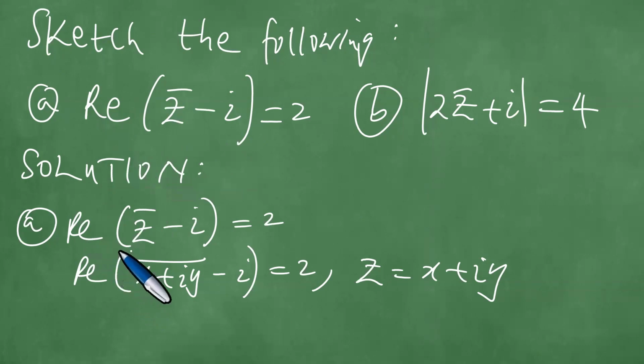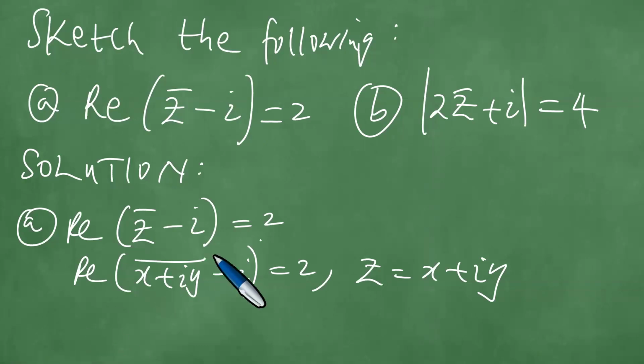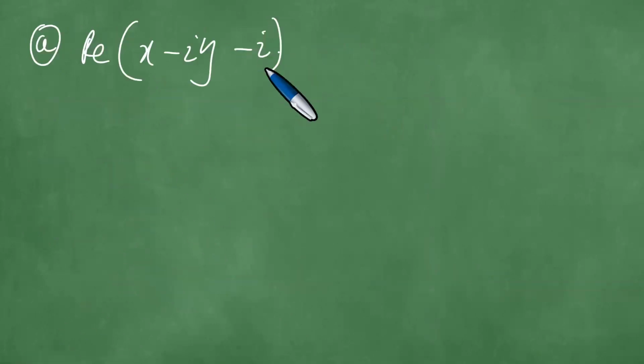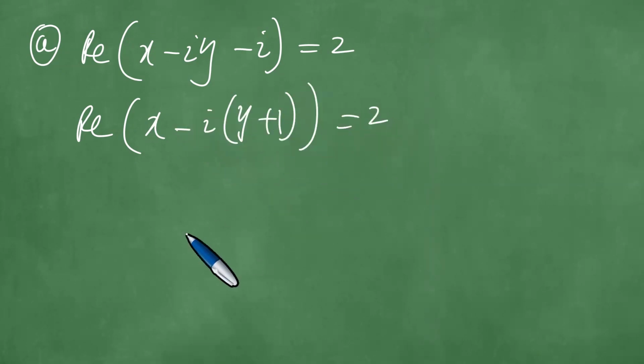So we write the real part of (x minus iy) minus i, which is the real part of x plus (minus y minus 1) i.